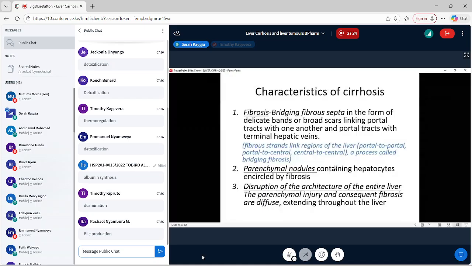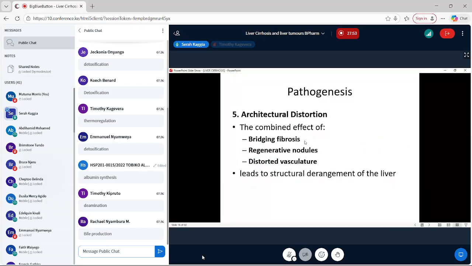So the nice thing I told you at the beginning is lost. Okay. Then you form these parenchymal nodules, containing the hepatocytes, which are surrounded by fibrous tissue. Then the disruption of the normal architecture and the blood supply. Okay. Yes. So those are the characteristics, the summary of the characteristics.